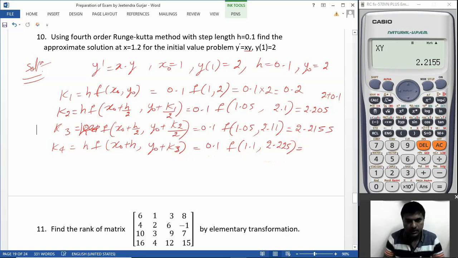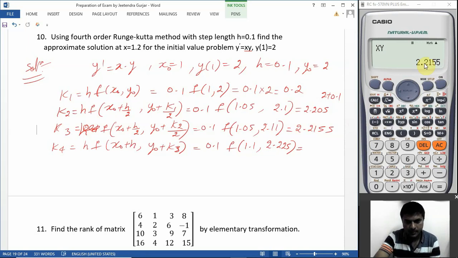So this is going to become 2.4436 into 0.1. This value is going to become 0.24436. This value is going to become 0.22155. This value is going to become 0.2205.